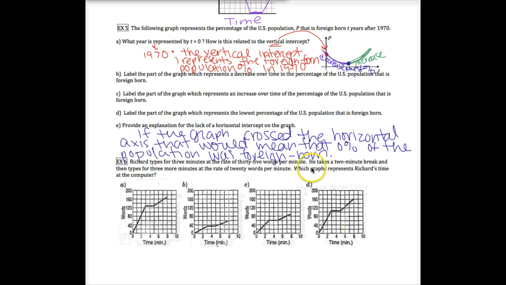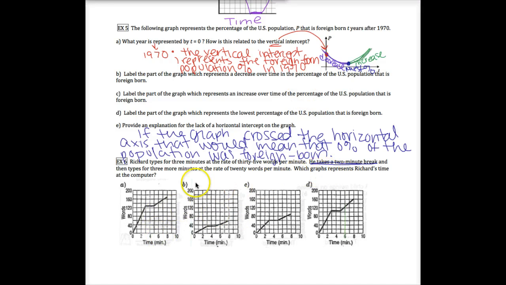So this 2-minute break means that there should be some flatness in the middle. So for the first 3 minutes, he's typing at the same rate. So if we look at all of these, at 3 minutes we have a change. So we need to see which one is representing the correct amount of words per minute.